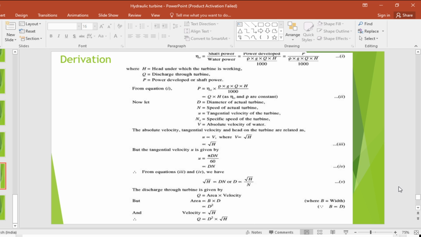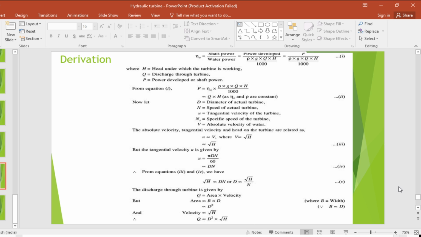For deriving the specific speed Ns, first we have to take the formula for overall efficiency, that is eta O. Overall efficiency can be found by taking the ratio of shaft power to water power.